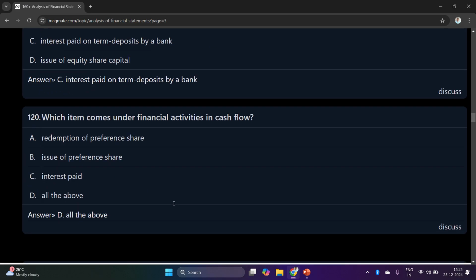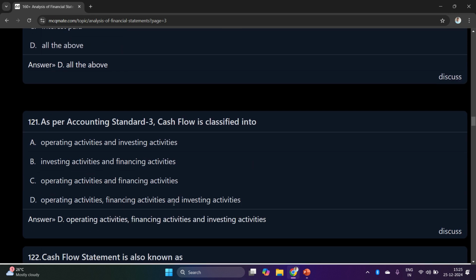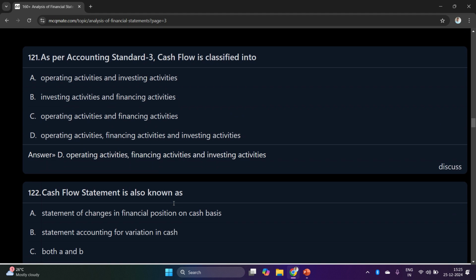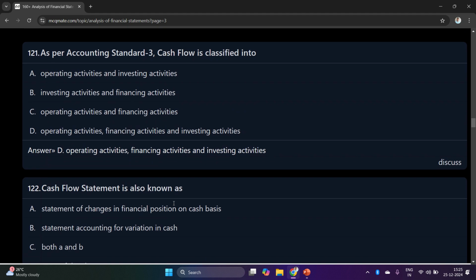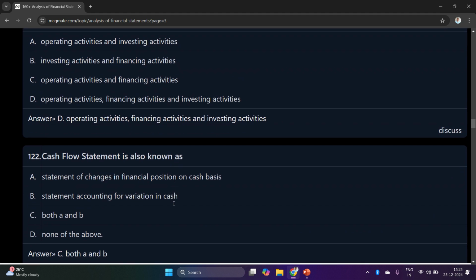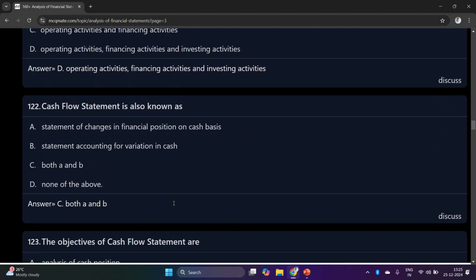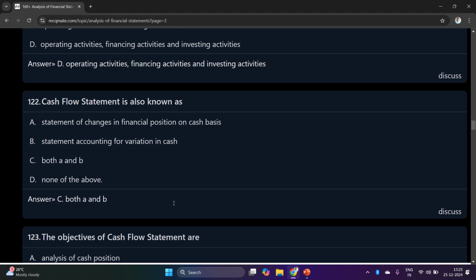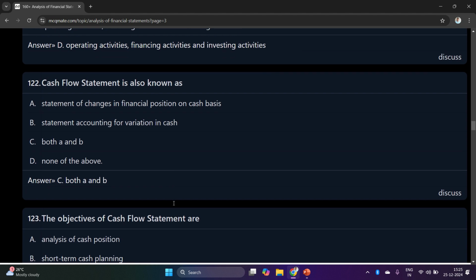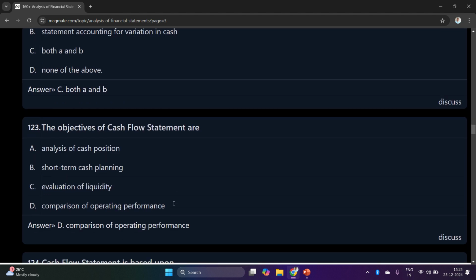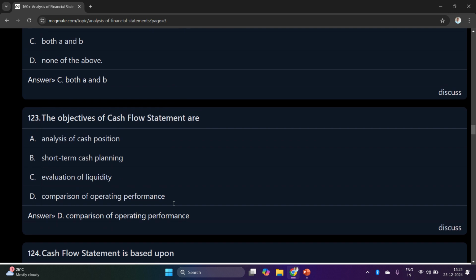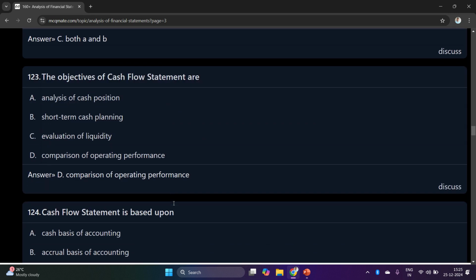Which item comes under financing activity in cash flow? Redemption of preference shares, issue of preference shares, interest paid. As per Accounting Standard 3, cash flow is classified into operating, financing, and investing. Cash flow statement is also known as statement of change in financial position.